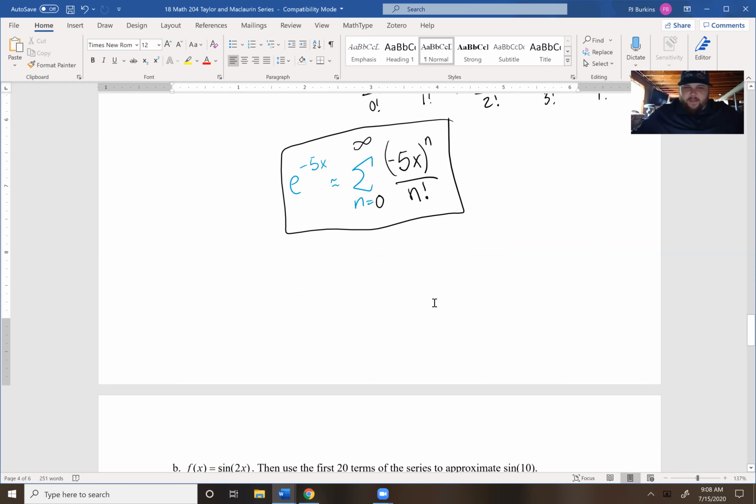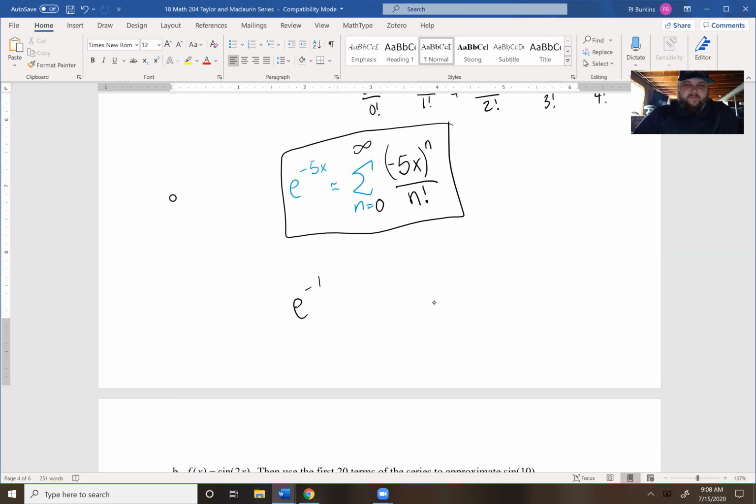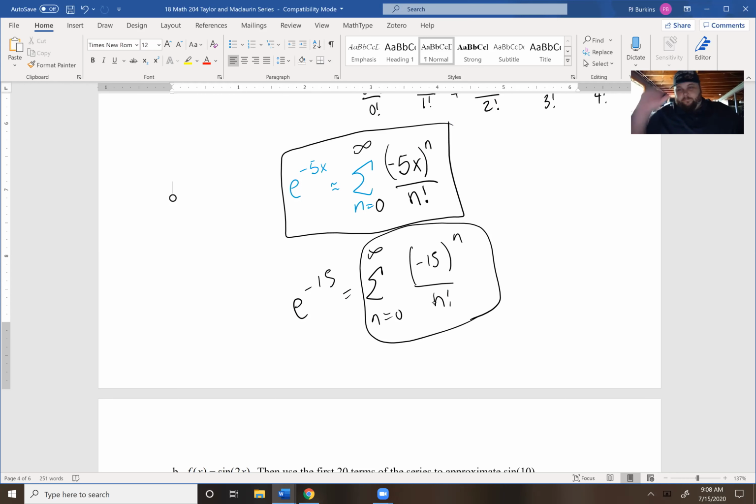So if we just do that down here, right, e to the minus 15 would look like that. And you can input this into your calculator. So you're going to go again to math, go over to the fourth option, which is PRB, or hold on.